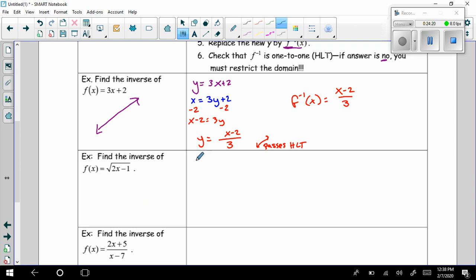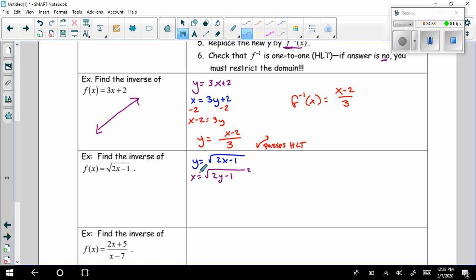Okay, so let's do another one here. y equals square root of 2x minus 1. Flip-flop your x and y, so x equals square root of 2y minus 1, and then solve it.